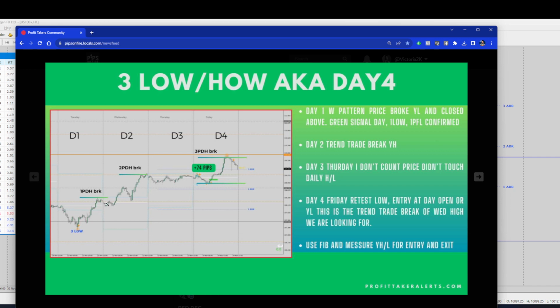But I'm really counting it from here, because it put in that high. The next day, we're expecting the second day of the previous day high break. Of course, we should all know what that means: previous day high, which can also be referred to as yesterday's high. I just wrote broke, abbreviated. So I'm looking for 3 breaks.